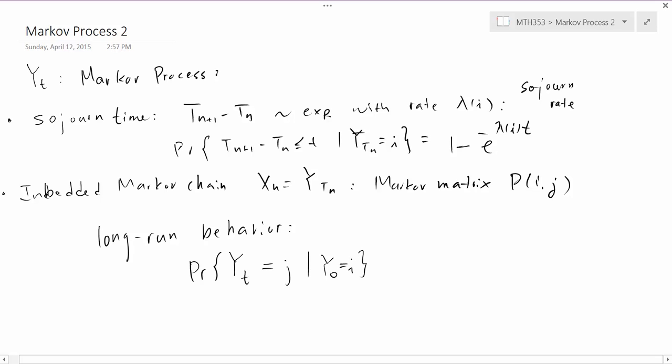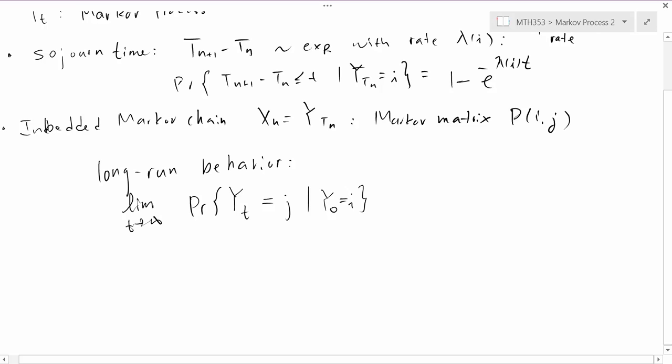Now we know this is going to be independent of i if t is very large. So we are really looking at the long-term probability, when t goes to infinity. In general, this limit may not exist, but in certain cases it does.